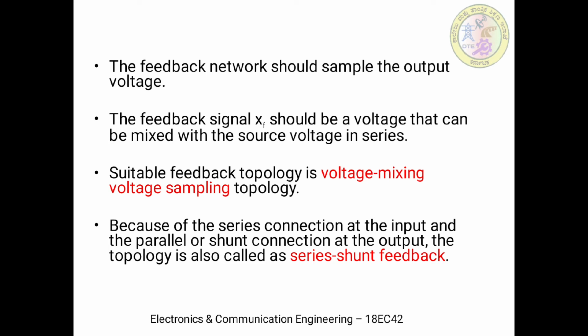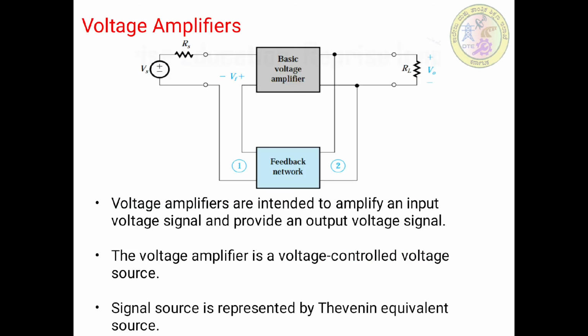That is, these voltage amplifiers should have a topology in which we get voltage mixing at the input side, and voltage sampling at the output. Because of this series connection at the input side and also a parallel or shunt connection at the output, this particular topology is also known as series shunt feedback.